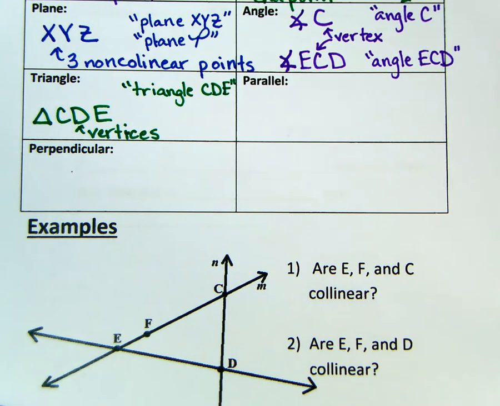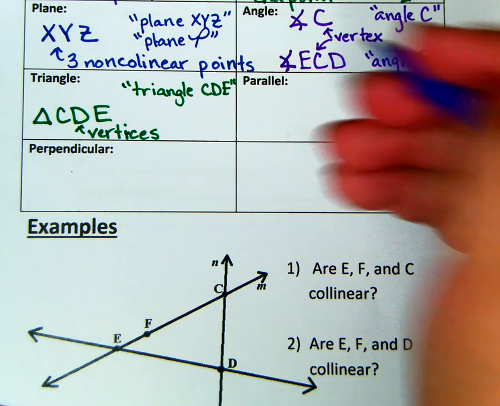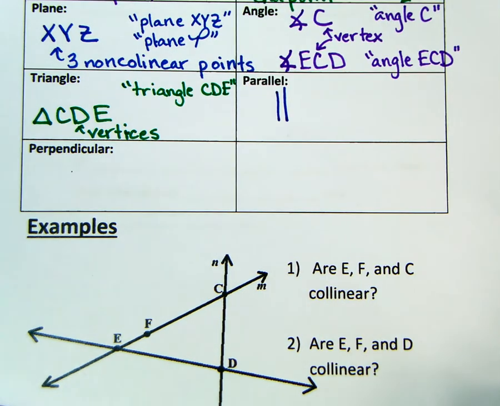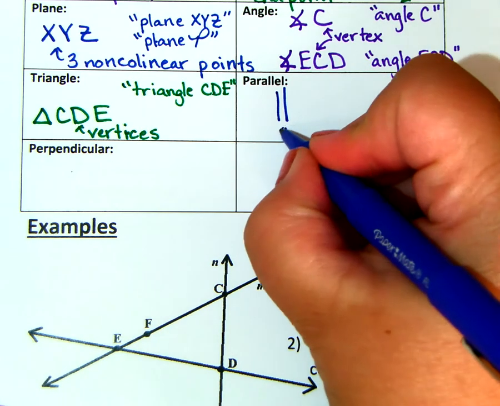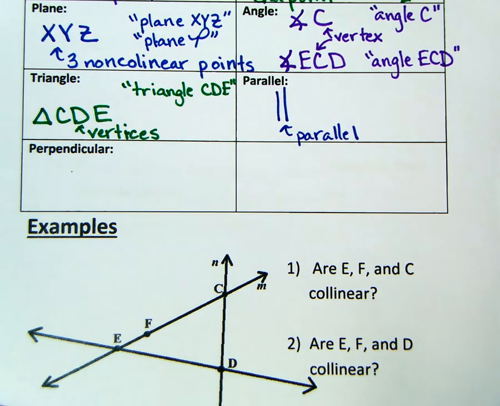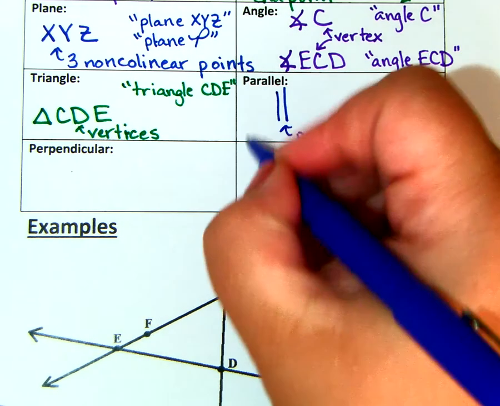When we're talking about parallel lines, we use the parallel line markings. So we just mark the little parallel lines. That means parallel. So you would know what is parallel to what. That could be a segment, it could be a ray, it could be a line. In this case, I'm going to do a line.